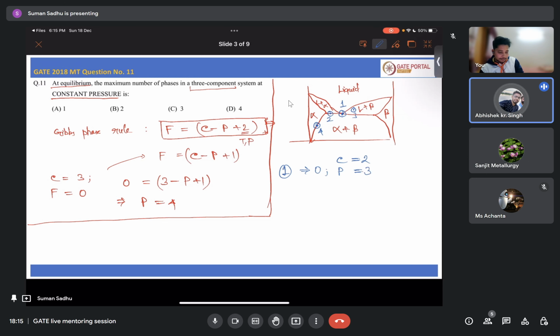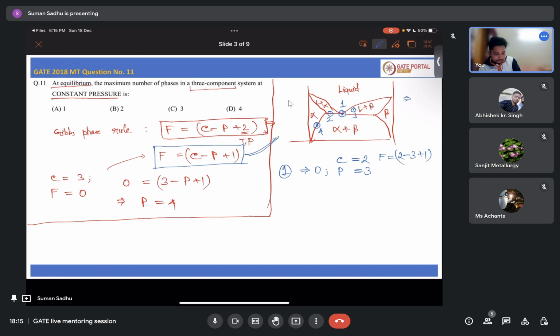Yes, liquid and alpha and beta, right? Okay. So then F will be 2 minus 3 plus 1, because the phase diagram is plotted at constant pressure. So we have to use this equation, right? So in this case, your degree of freedom is 0.